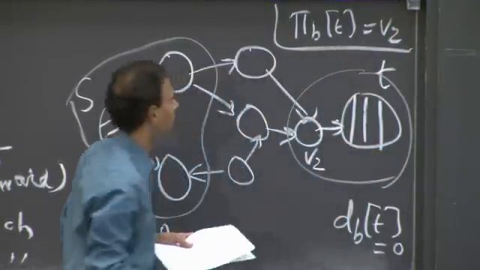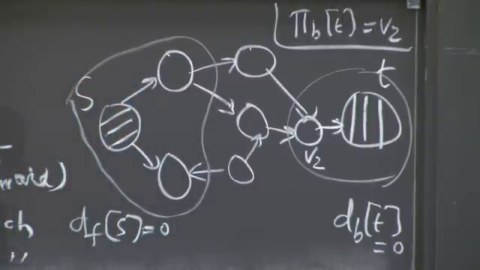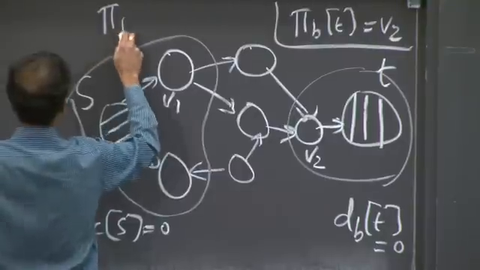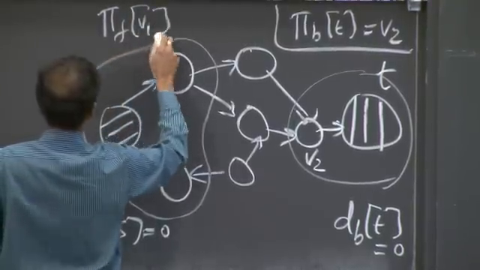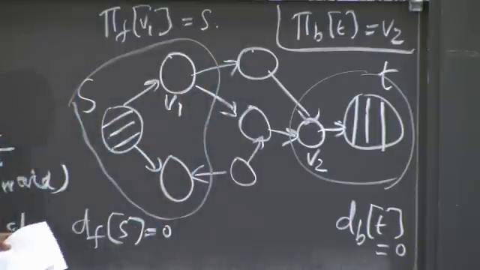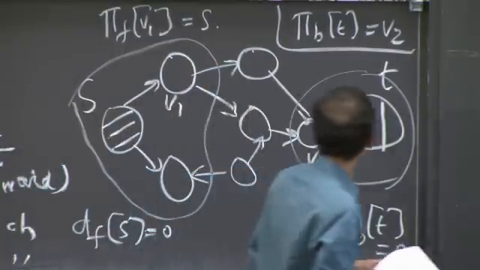Okay? That makes sense? And then over here, if this was V1, then I would have pi F of V1 equals S. Right? That makes sense? Everybody buy that?